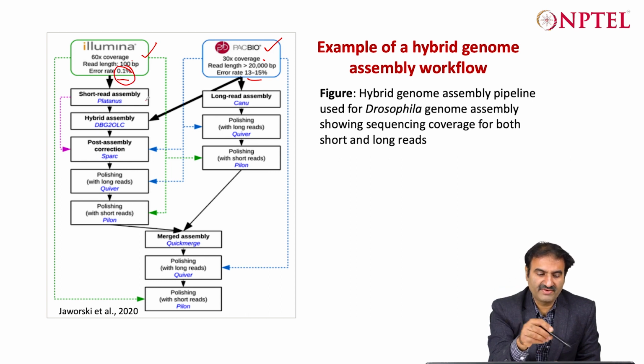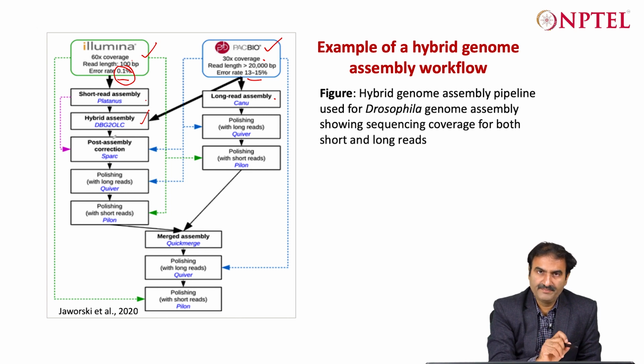Then you do the short read assembly, and similarly do the long read assembly by Canu, say, and Platanus or ABySS or anything for Illumina, right. And then using these long reads you can achieve the hybrid assembly, right. So long and short are done separately and then combined together to achieve the hybrid assembly by DBG2OLC, okay.